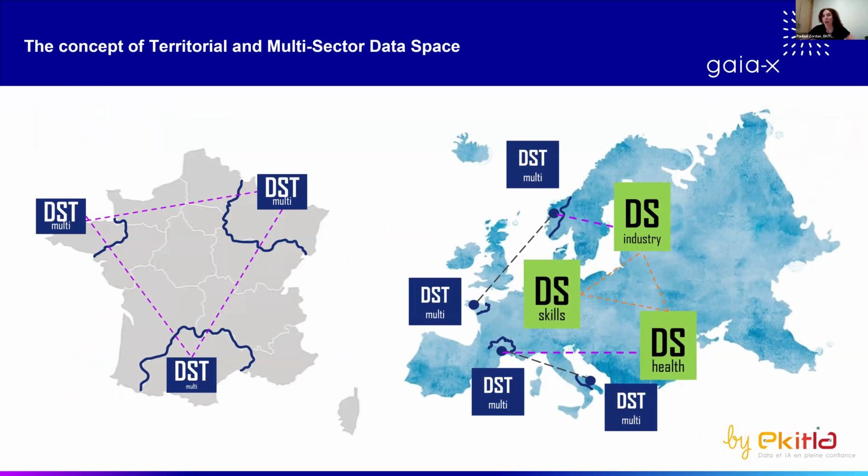Because we think the regional territory is an easy way to animate an ecosystem of actors and to consider the different levels of maturity in digital. All the dynamics at the European level are very interesting, but they are not very accessible for all the players on the territory for now. So the interest here is to animate an ecosystem on a territory.